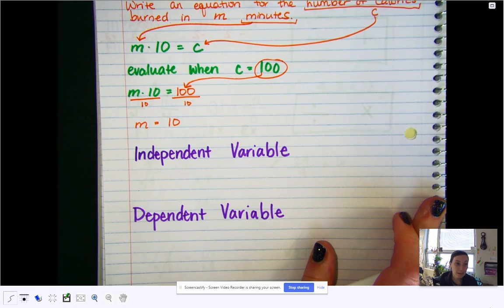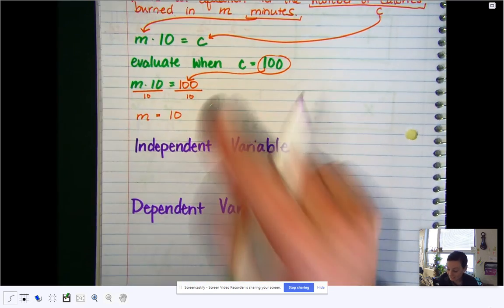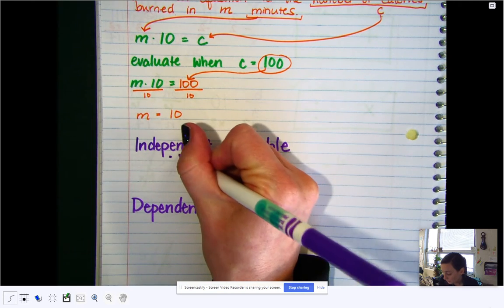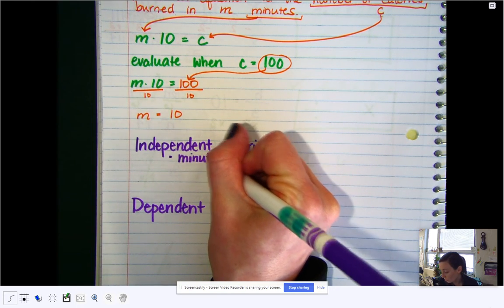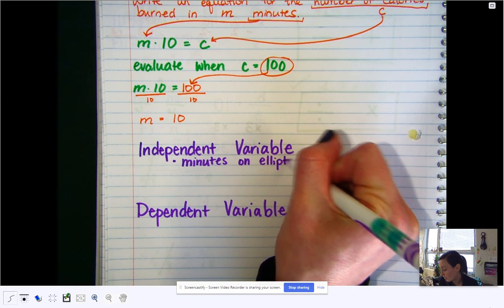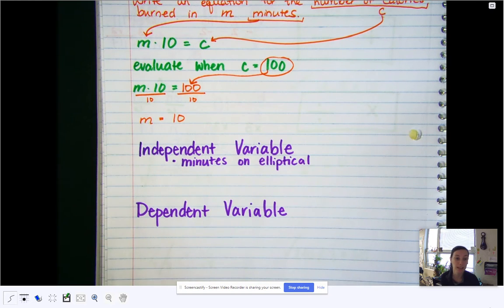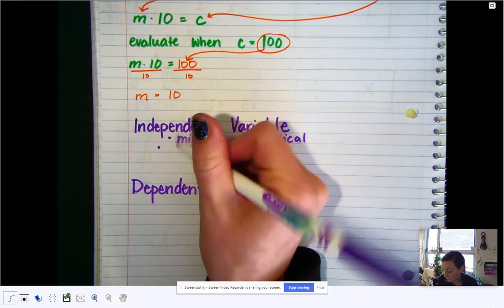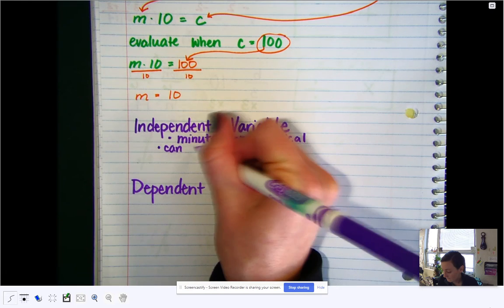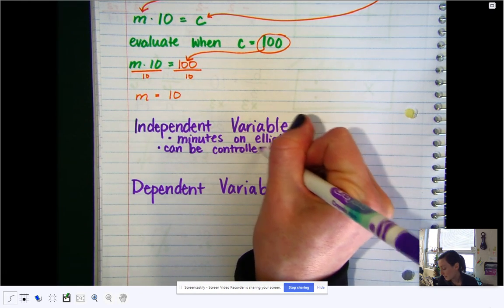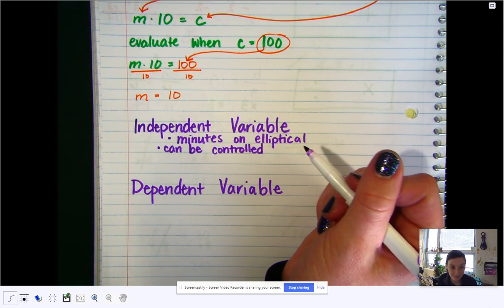The independent variable is, in this case, the number of minutes that I can be on the elliptical. That is what I can control, that anyone could say, I'm going to get on for 5 minutes, I'm going to get on for 30 minutes, I'm going to get on for 3,000 minutes. So that's what is controlled or manipulated. It doesn't rely on anything else.